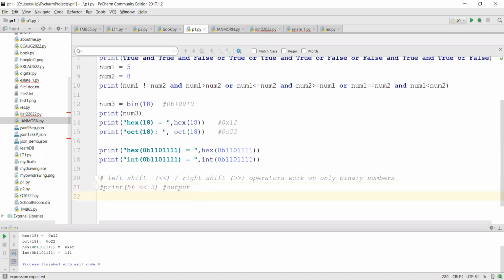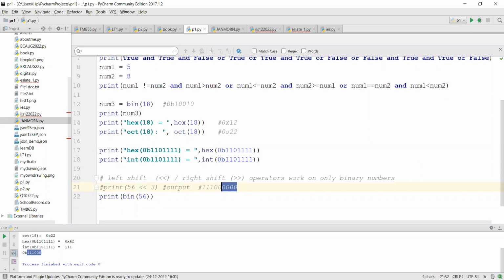The binary value of 56 is bin of 56, which is 111000, correct? And I'm saying left shift 3 times. One left shift will add a zero, so 3 left shifts will add 3 zeros. So you add 1, 2, 3.